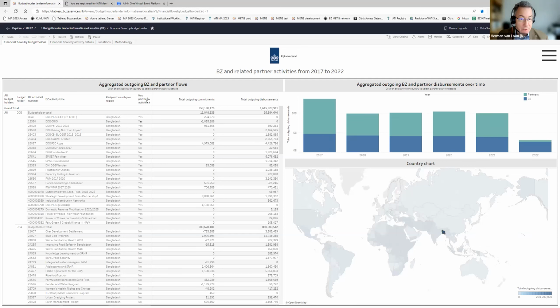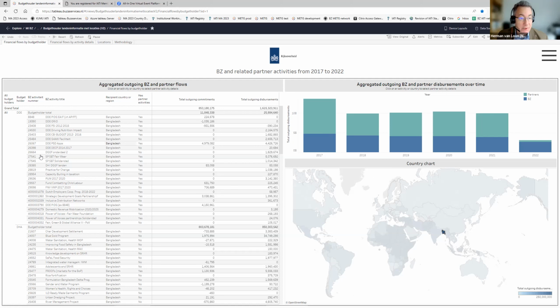And you see also here if a ministry activity has IATI data from partners or not. So if the coverage of IATI data is limited for a certain country, of course, these figures will not be complete. And that's why we are working so hard to get all our partners publishing in IATI, because that gives a far more complete picture than we have right now.